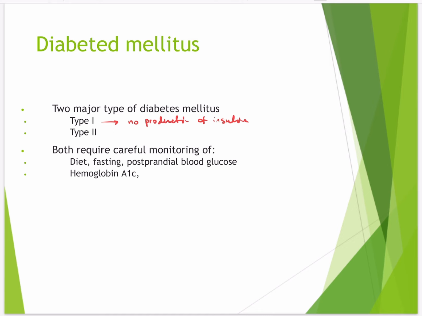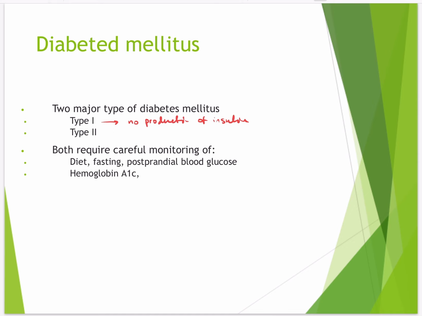And the second type, in which insulin is produced, but insulin resistance is very important. Also, there is a type 3, which is gestational diabetes mellitus, in pregnancy time, which is also important.